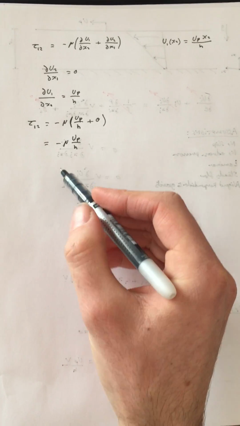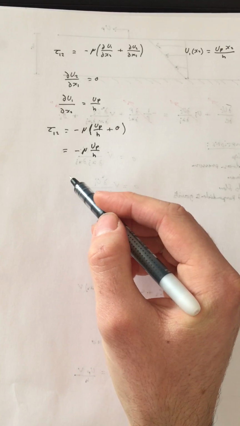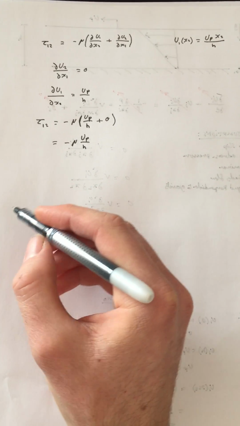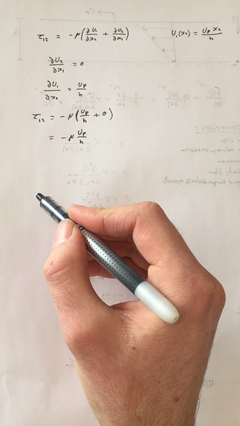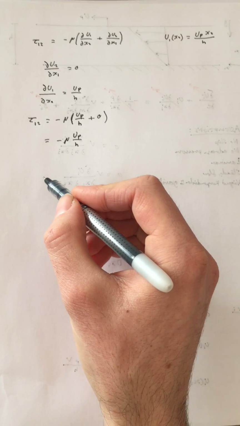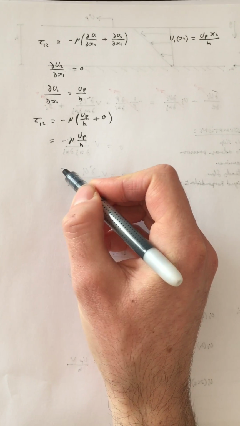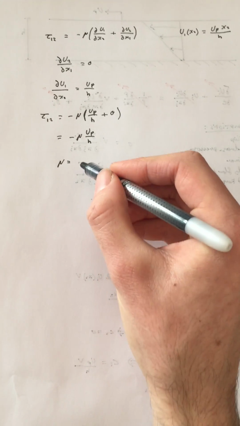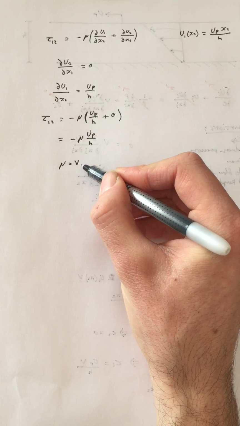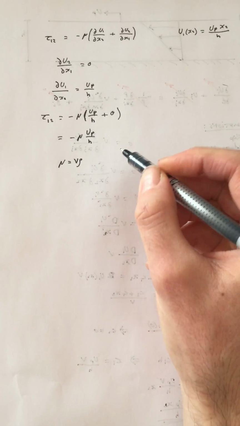Now sometimes you may be given the dynamic viscosity in terms of the kinematic viscosity. So this mu here is also equal to the kinematic viscosity times the density.